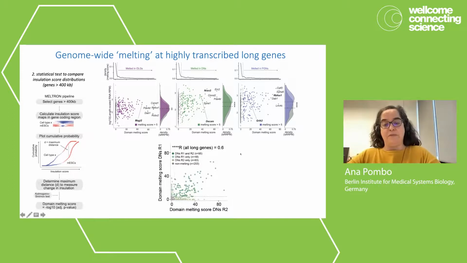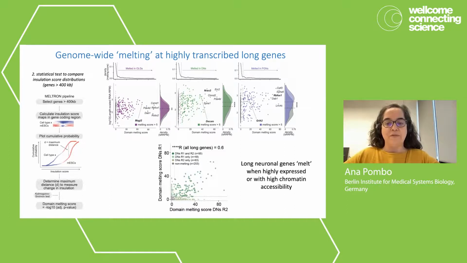And indeed, we found that there is a correlation even in the extent of melting found in the two replicates, with many genes melting to the same extent. There are also interesting genes that melt only in one of the animals, and we don't know if this has to do with individual variability, something we wish to study in the future.